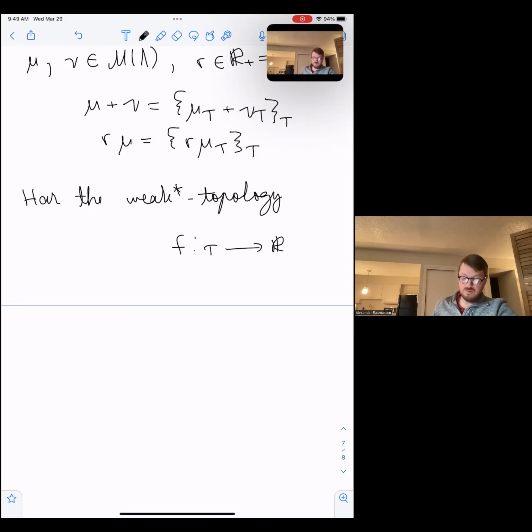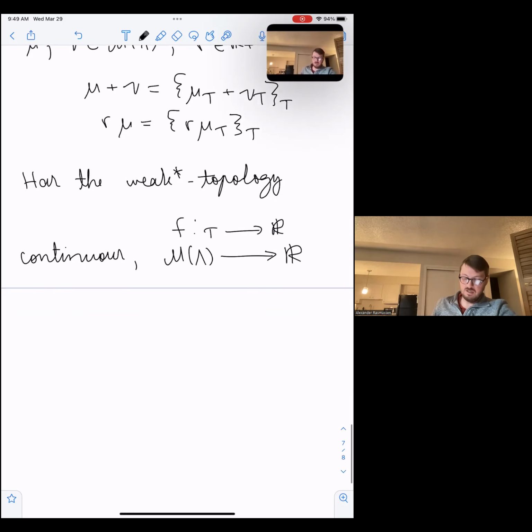So we have maybe a continuous function f defined on some transversal tau, and then we get a function on our cone of transverse measures m of lambda by integrating. So what we do is we just take a transverse measure and we integrate it with respect to f. That gives us some function on our cone.